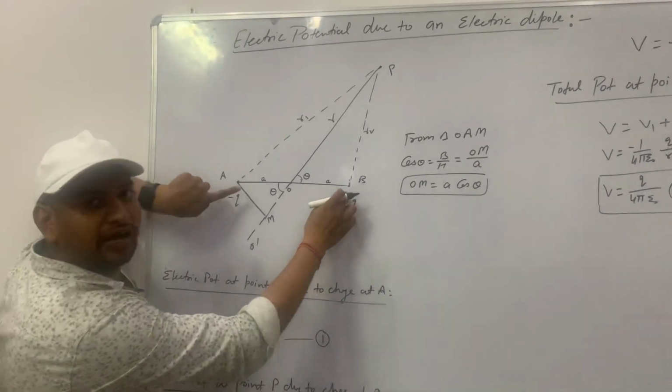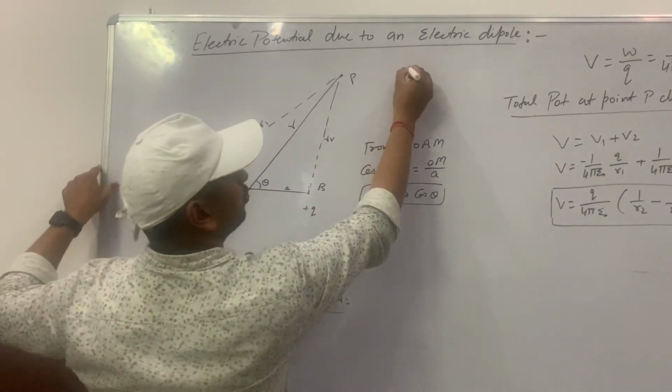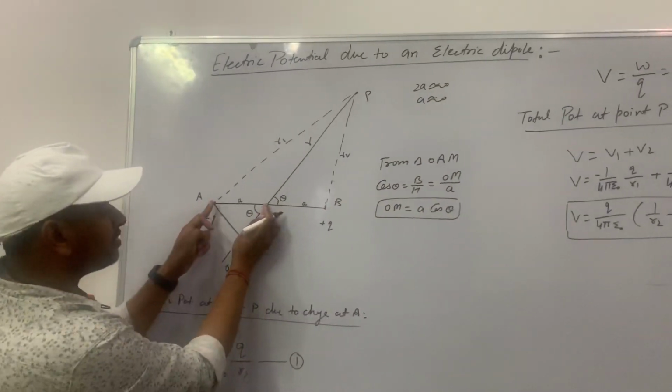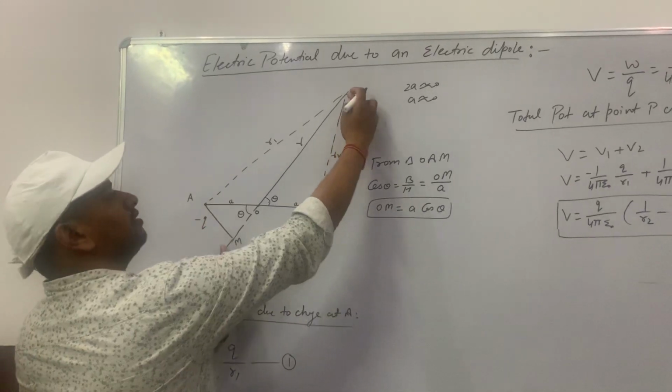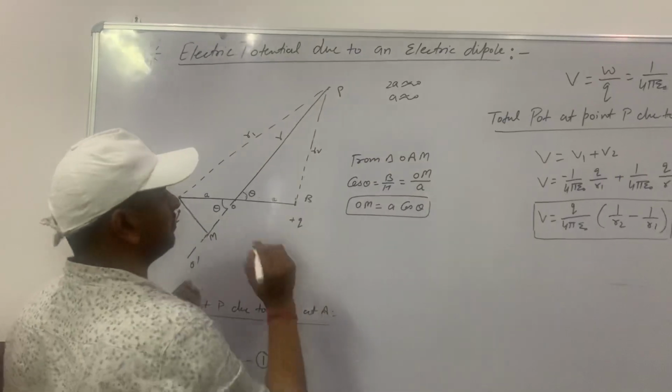If the given dipole is an ideal dipole, 2A is nearly equal to 0, A is nearly equal to 0. If the distance is very small, this distance AP is nearly equal to MP.